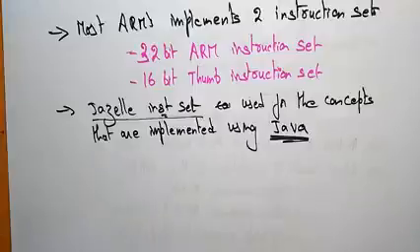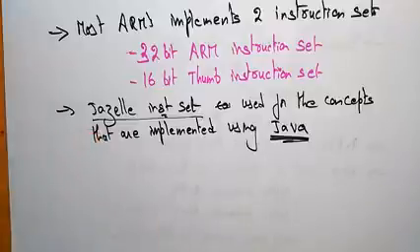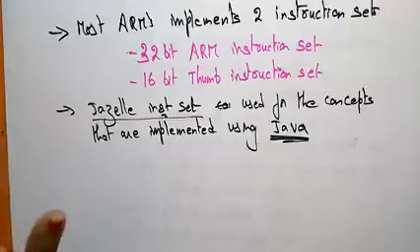Whatever data has to be taken by the ALU, the operation performed, and the result sent back to the register, everything is based on the registers only. The communication completely depends upon the registers. That's why we call ARM a load and store architecture. Loading and storing everything is done with the help of registers.